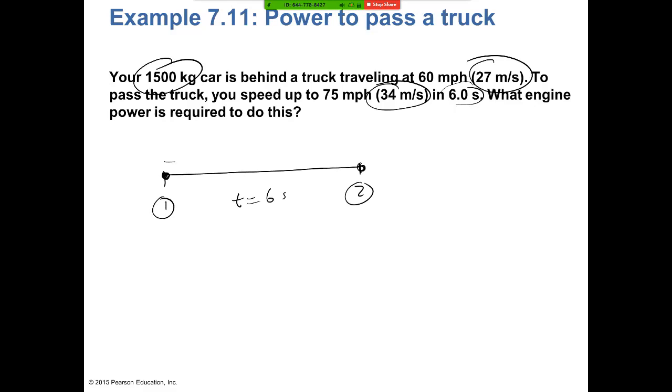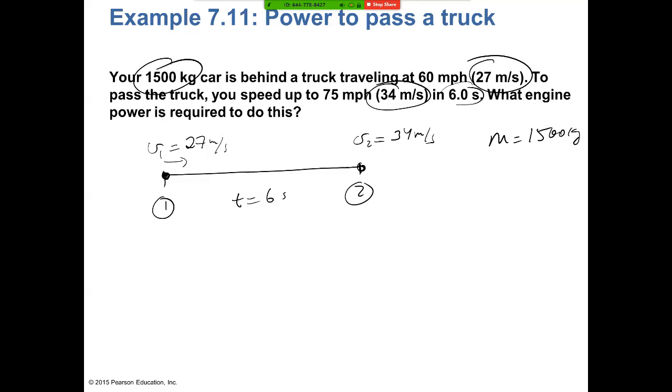At position 1, we are moving at 27 meters per second. At position 2, we are moving at 34 meters per second. And we're also given the mass of the car as 1,500 kilograms.